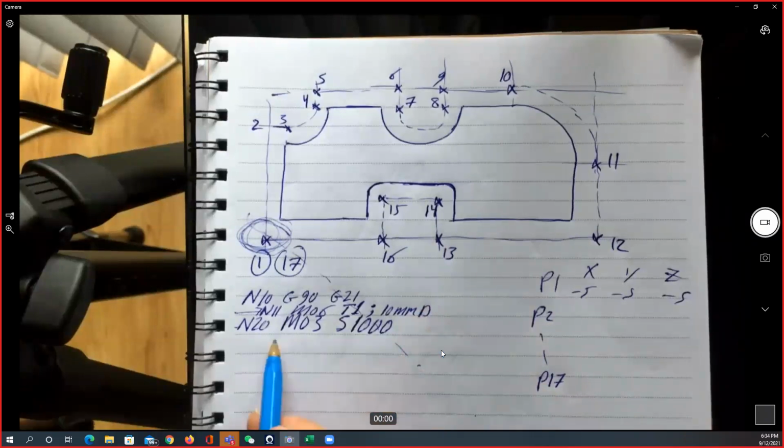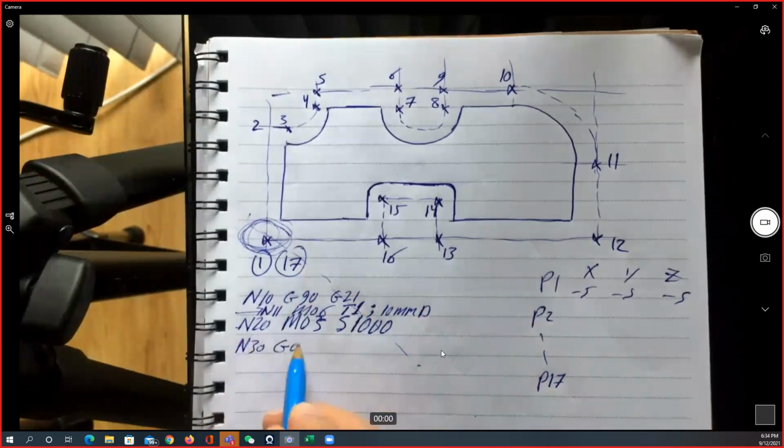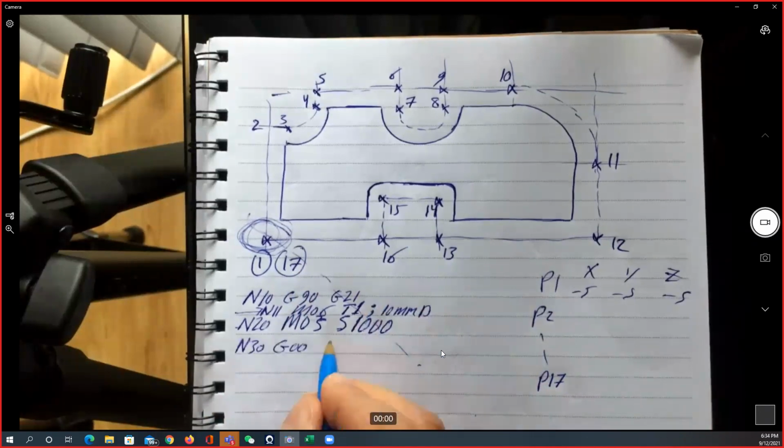So I start the spindle here, and the RPM is 1000. I will move the cutting tool from anywhere in this space to the position number 1. So the N30 is going to be G00, X equal to -5.